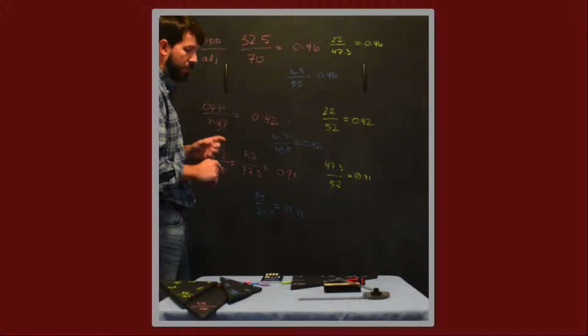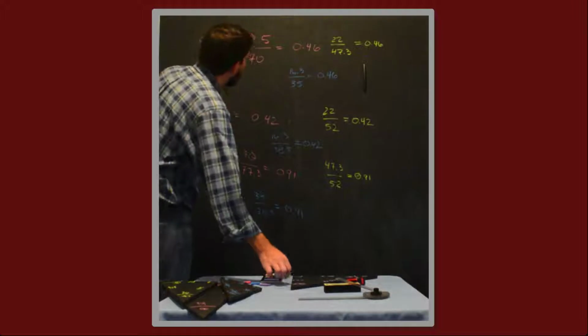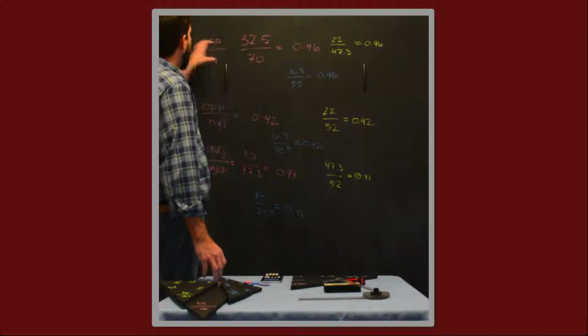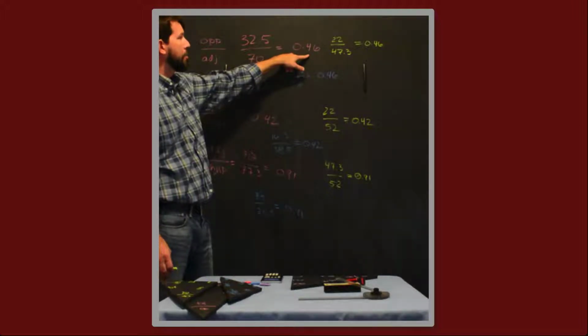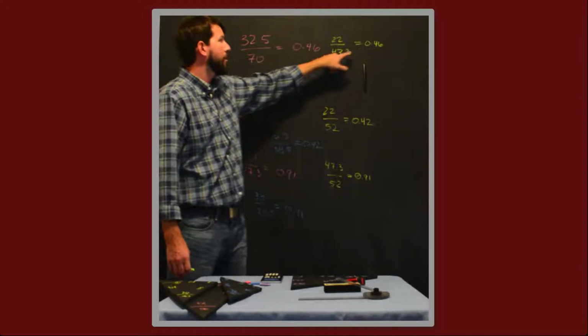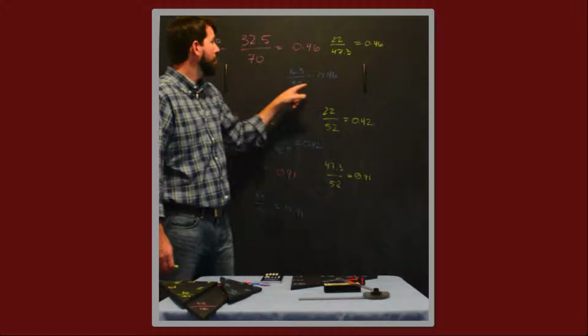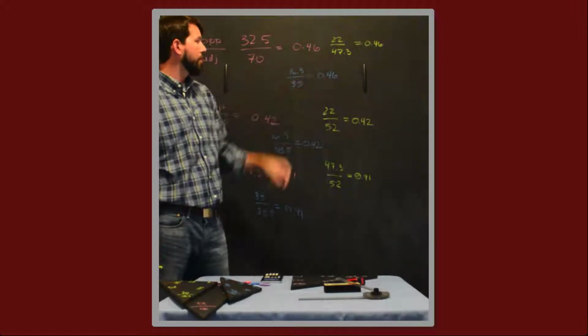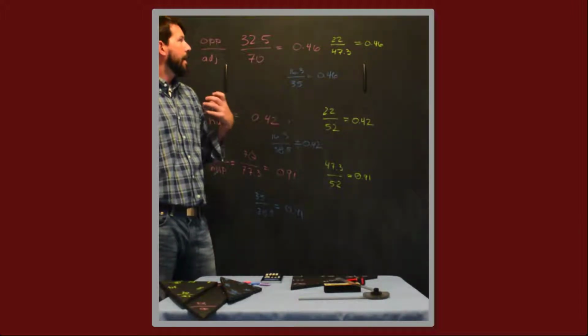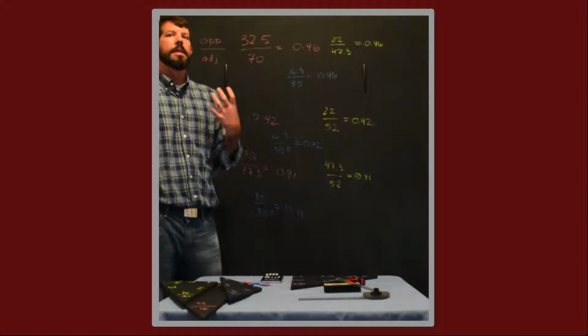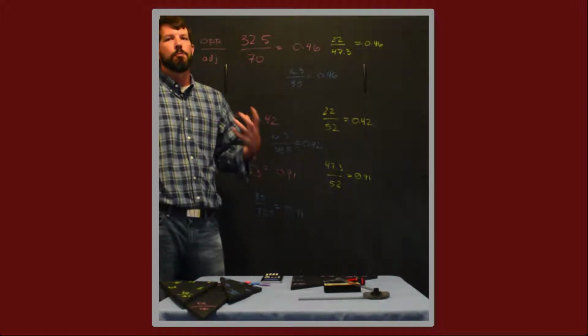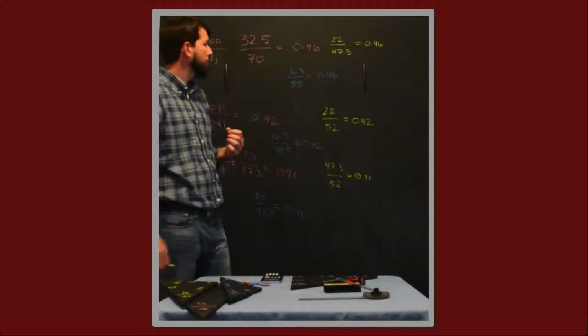Now look what's happened. So the opposite over the adjacent for the red triangle, that ratio is 0.46. For the green triangle, that ratio is 0.46. For the blue triangle, that ratio is 0.46. It doesn't matter what the size of the triangle is, it only matters what the angle measure is. That tells you what the ratio of the sides is going to be.